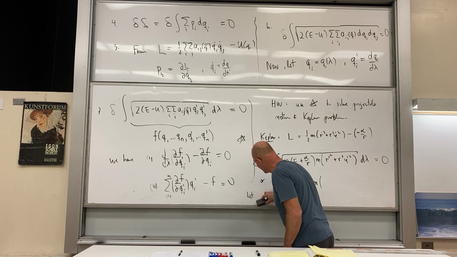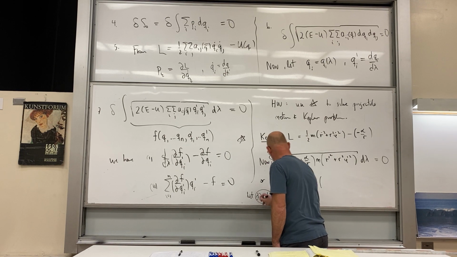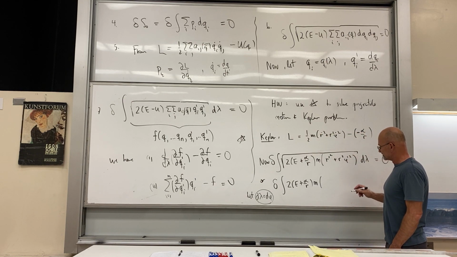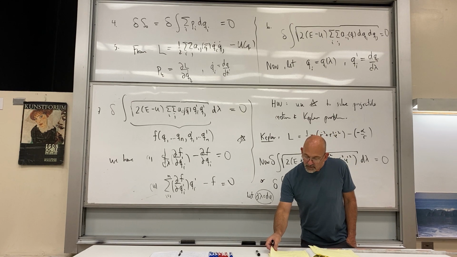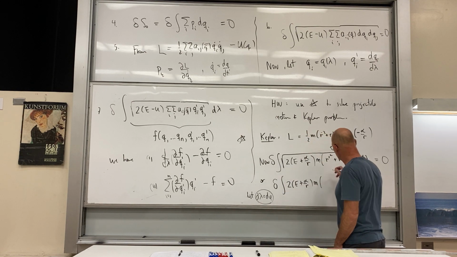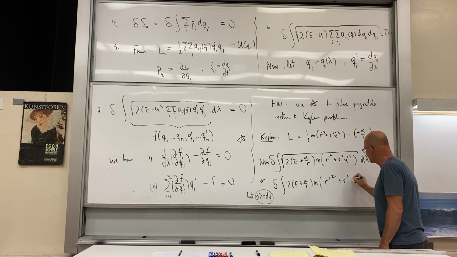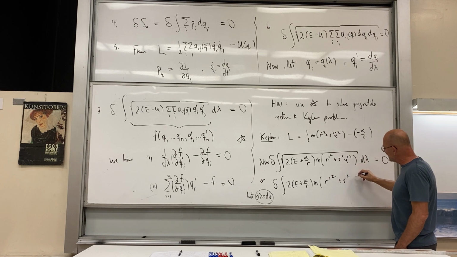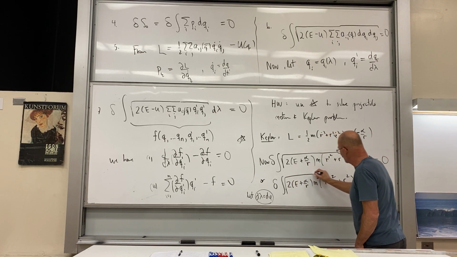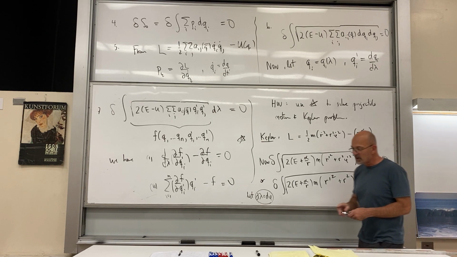Actually what we're doing is letting dλ be equal to dφ. So we're going to end up with r prime squared as before, plus r squared, and this phi prime is dφ, so we have twice, and we have dφ outright. There we go. So let's put a red box around this one.